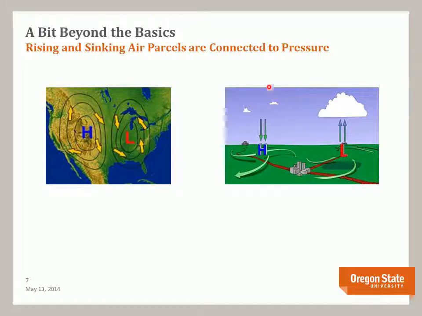For high pressure areas, descending air, which heats while it compresses, pushes air away from the area, producing a clockwise directional flow. Now, the direction of these winds is in part related to the Coriolis effect, where things move to the right in the northern hemisphere and to the left in the southern hemisphere, as well as the surface friction.